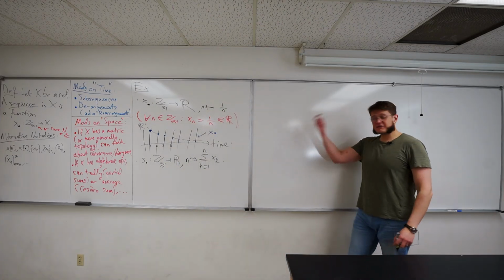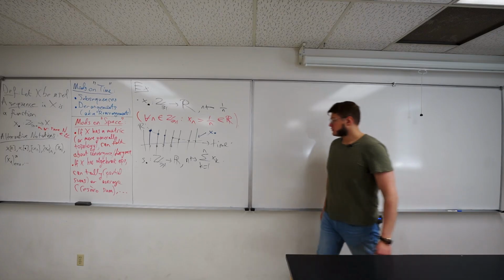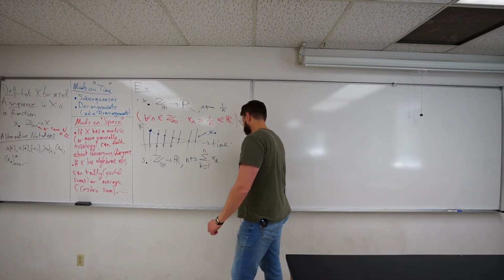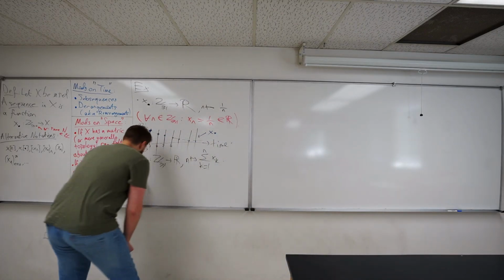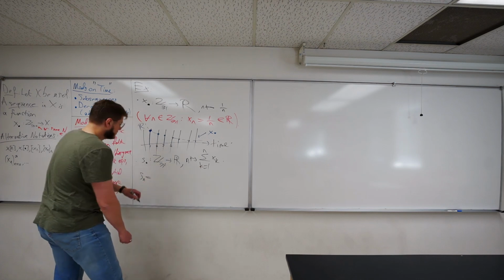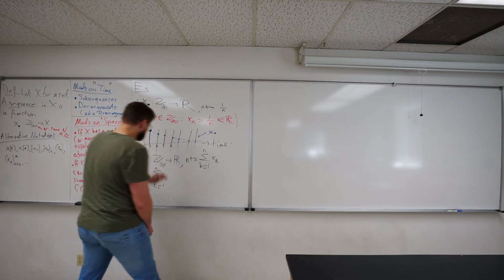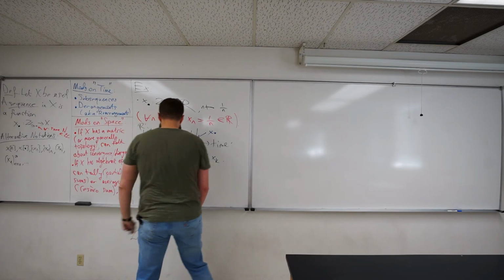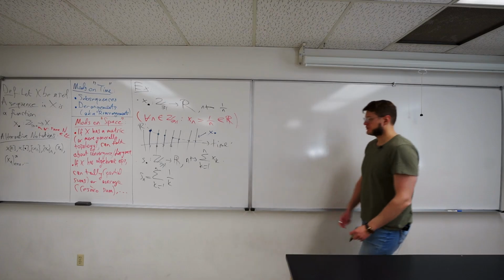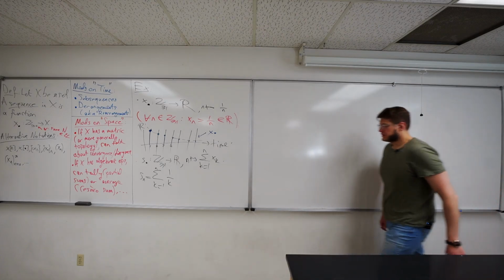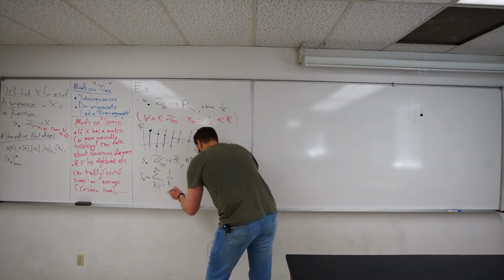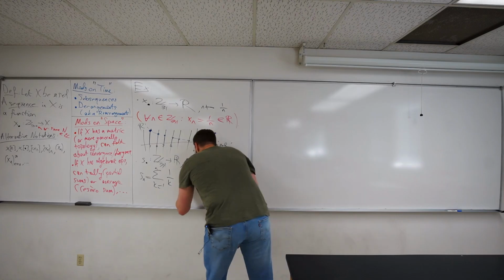Now this is a different sequence, you see. And in this case, S sub n would be the sum from 1 to n of 1 over k, where k is the dummy variable for this sum.